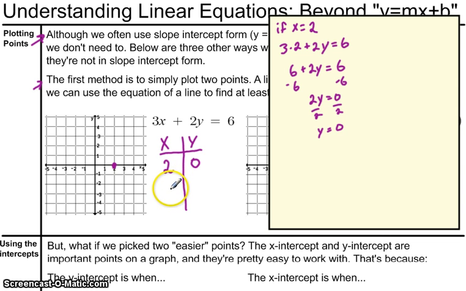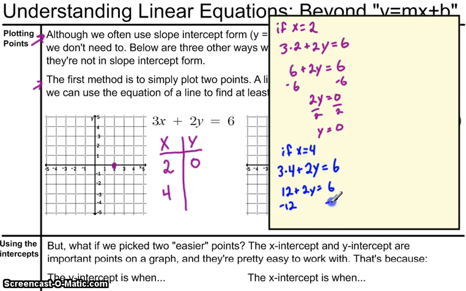Well, let's pick another number. Say x is 4. If x is 4, what would y be? We substitute that into this equation again. We get 3 times 4, because x is 4, plus 2y equals 6. 3 times 4 is 12, plus 2y equals 6.